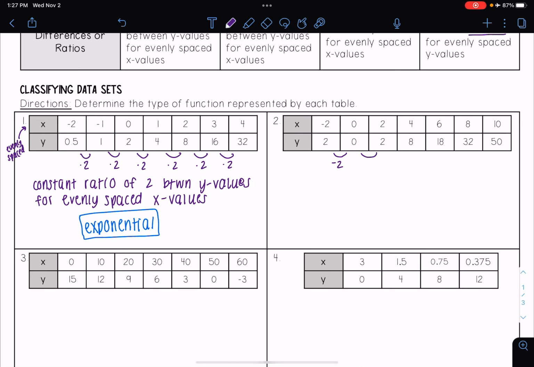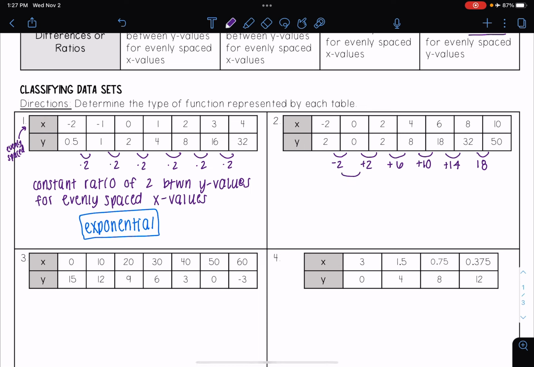To get from 0 to 2, I add 2. 2 to 8, I add 6. 8 to 18, I add 10. 18 to 32, I add 14. And 32 to 50, I add 18. So I see my first differences are not the same. They're all different numbers. So now I'm going to look at the second difference.